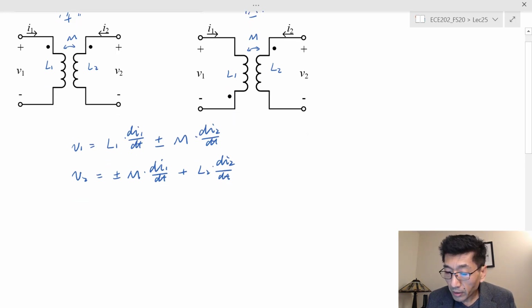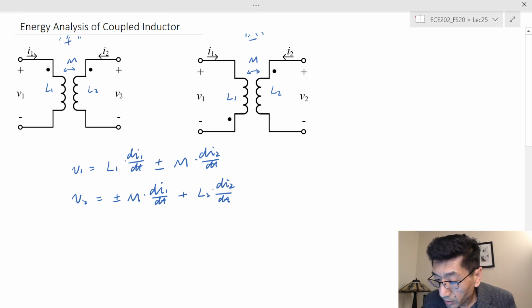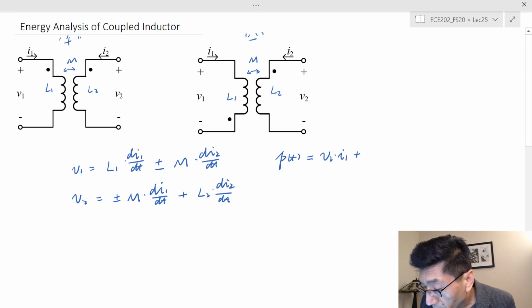And if we look at the power into the inductor, that's P as a function of time, since all the variables i and v are functions of time, and P is going to be equal to V1 times I1 plus V2 times I2.